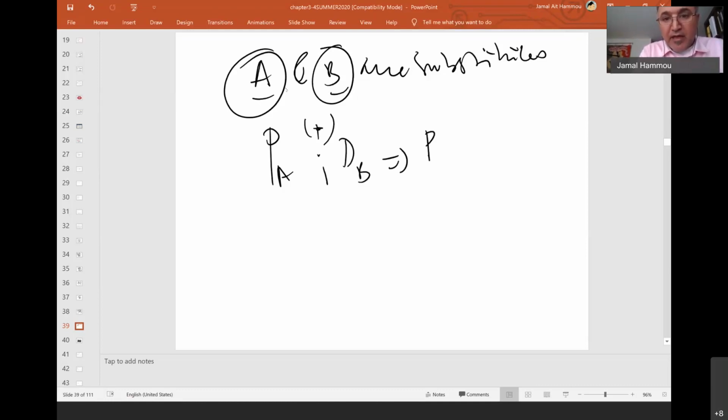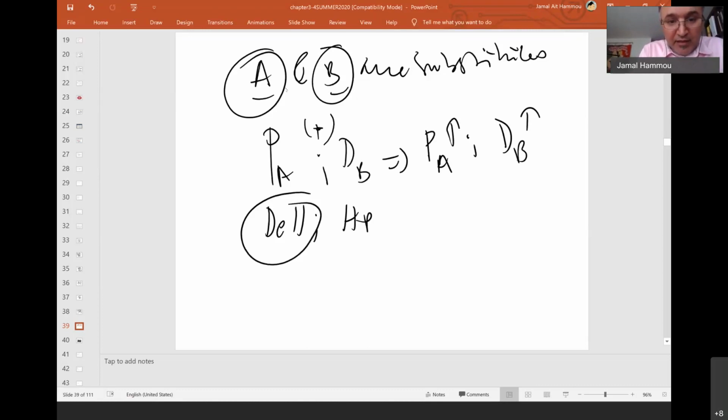If the price of A goes up, the demand for B goes up. So if I am trying to buy a computer, Dell versus HP, it makes sense if the price of Dell increases, people will move to buy HP. So the demand for HP will go up. So the price of one good will affect your behavior in buying the other product.